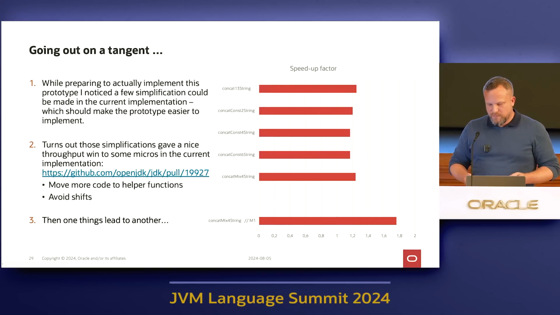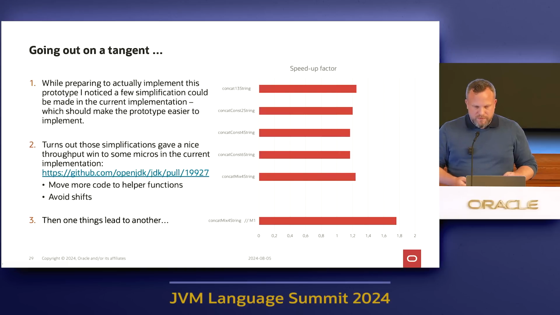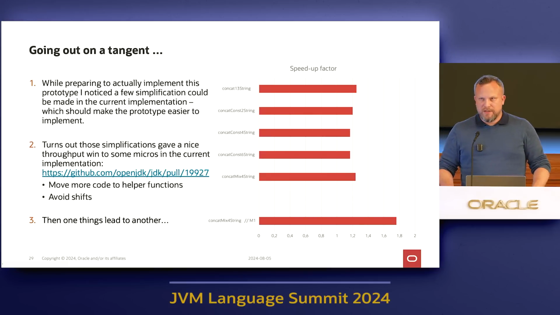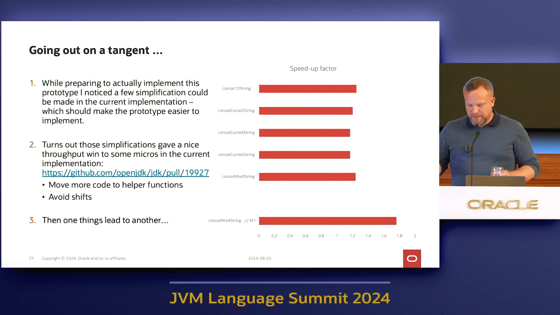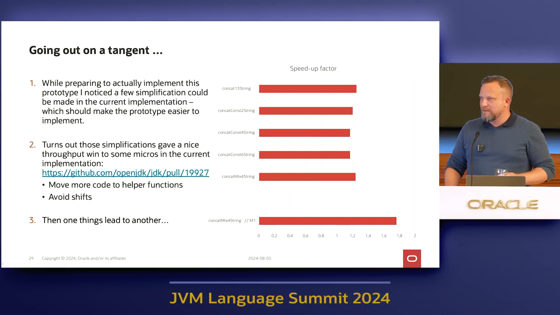By simplifying some shapes and avoiding moving some shift operations around a little bit, we could actually get a quite nice little speedup to the string concat baseline, which is great, even though we're aiming to replace it. Simplifying the code that we generate would make the target of my prototype easier.